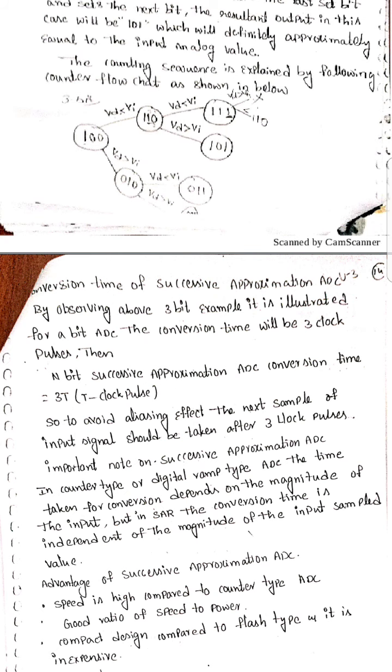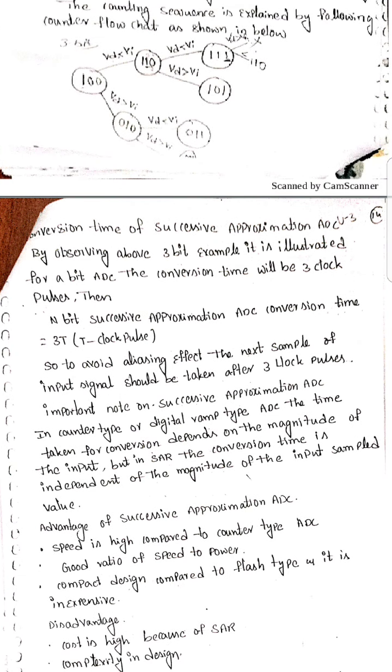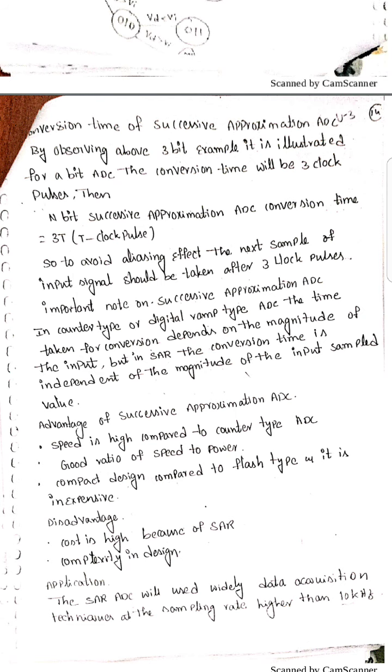By observing the above 3-bit example, the conversion time will be 3 clock pulses. So for an n-bit successive approximation ADC, the conversion time is n clock pulses. To avoid the aliasing effect, the next sample of the input signal should be taken after the conversion is complete.